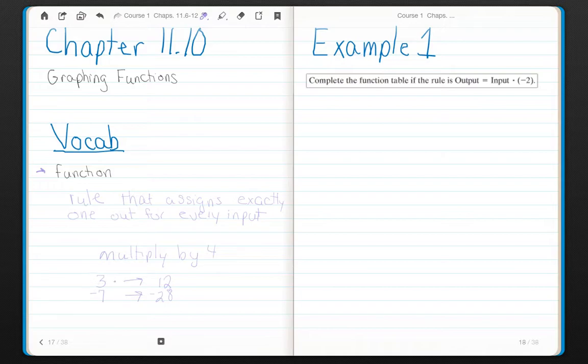If I multiply 3 times 4, my only possible answer is 12. I can't get anything else. So this 12 is the exactly one output for this input.